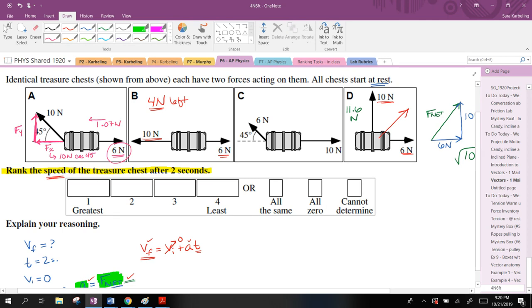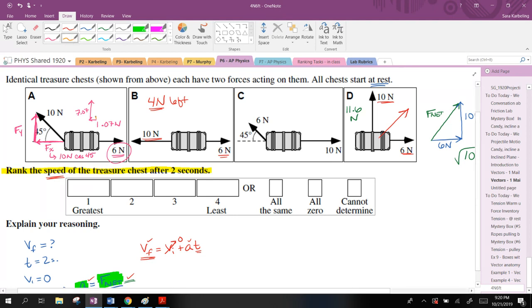But not only do I have that horizontal force, I've also got that vertical force going up like this, okay? This one is 7.07 as well, okay? Because that's the same as the Fx was.